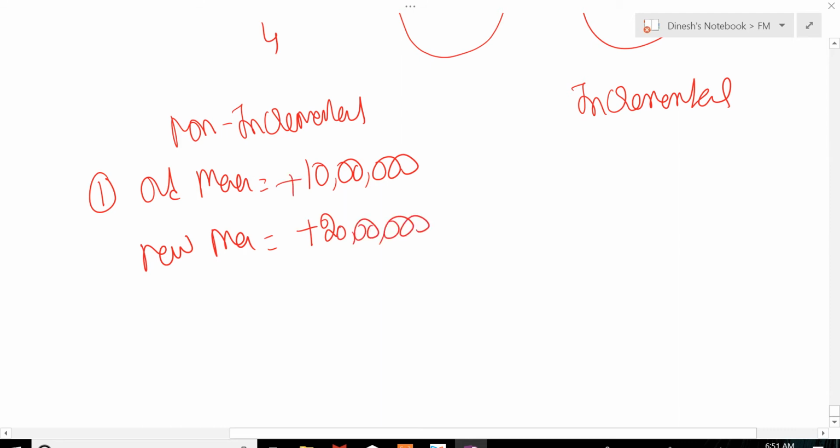Both are plus. Old machine has an NPV of 10 lakhs, which means I can continue with the old machine. New machine has an NPV of 20 lakhs, which means I should buy the new machine. Between the two, I'll obviously prefer the new machine because it gives me a better NPV. So, the new machine is going to replace the old machine.